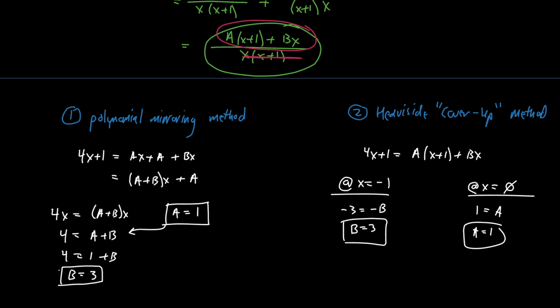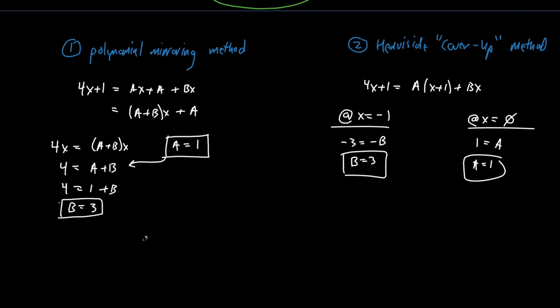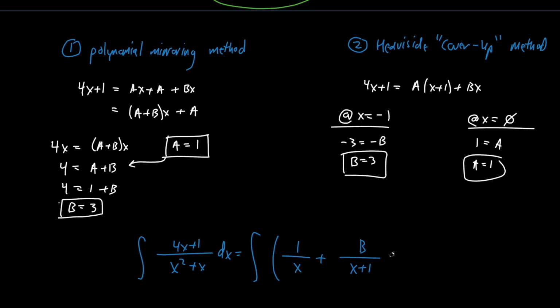So bringing us back to our flow, remember our goal was we were trying to integrate 4x plus 1 over x squared plus x. And what we showed was that this was equivalent to, after the decomposition, A over x, which A we have turned into a 1 over x, and then B over x plus 1, which we showed B was equal to 3.